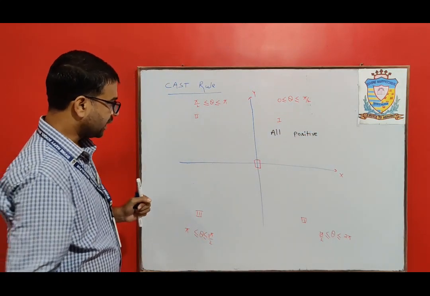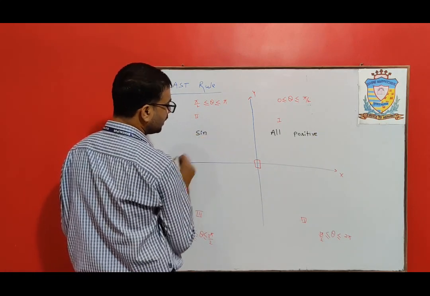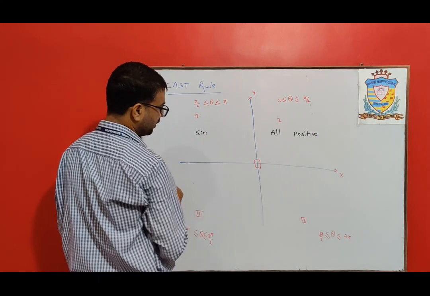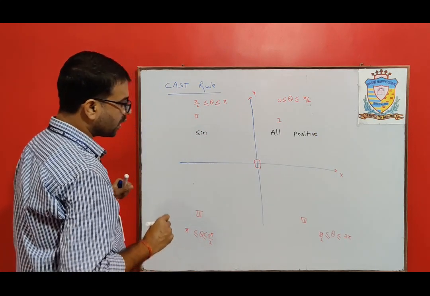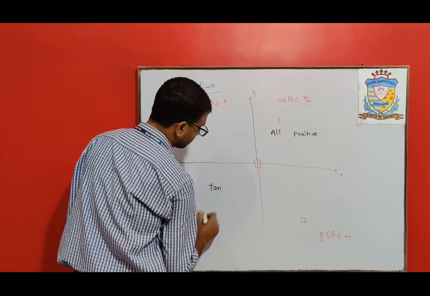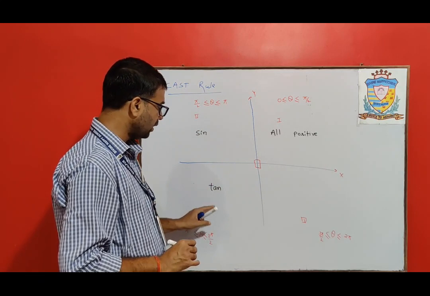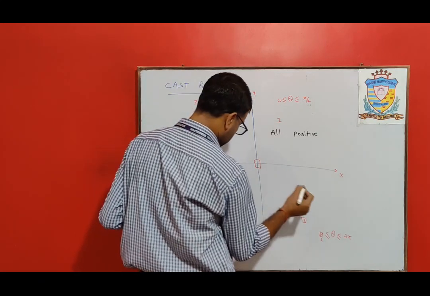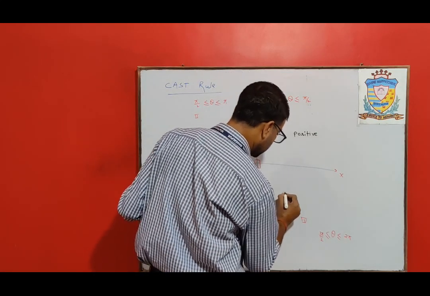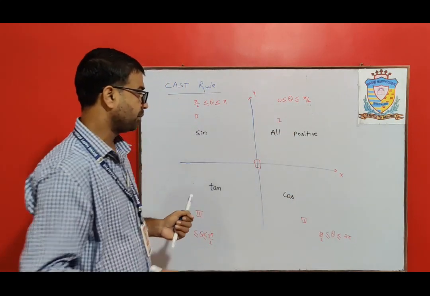Clear? In the second quadrant, only the value of sine is positive. In the third quadrant, only the value of tan is positive, meaning tan and cot, and in the fourth quadrant only cos is positive.